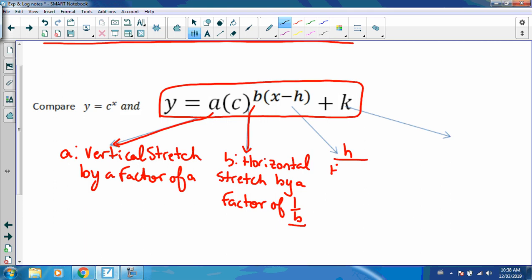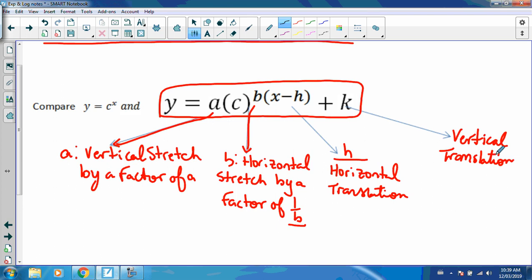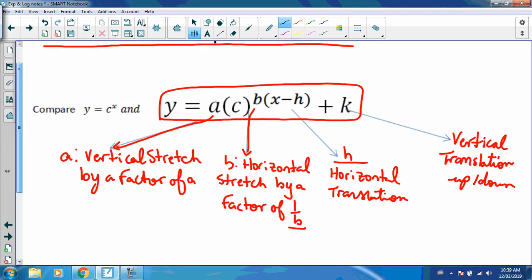H is the horizontal translation, to the right or left. And then k is our vertical translation, so up or down, however many units.